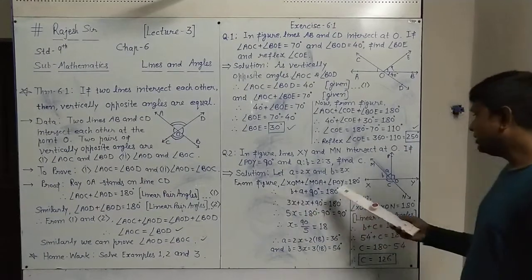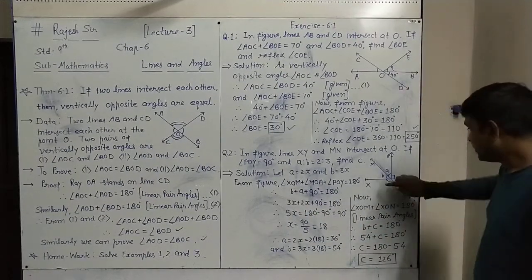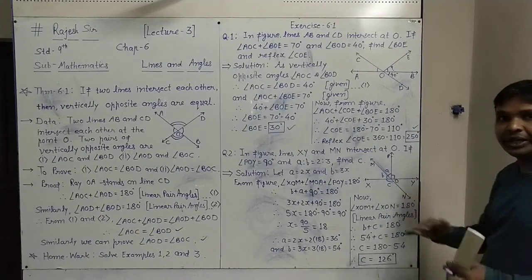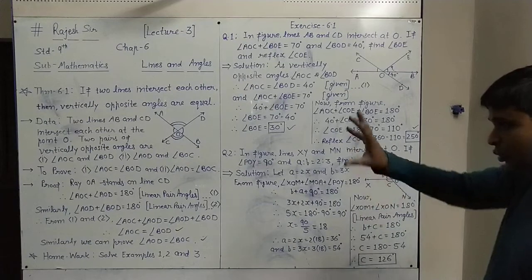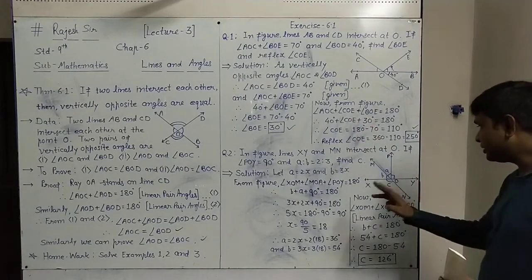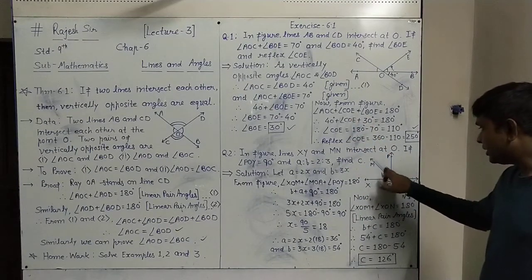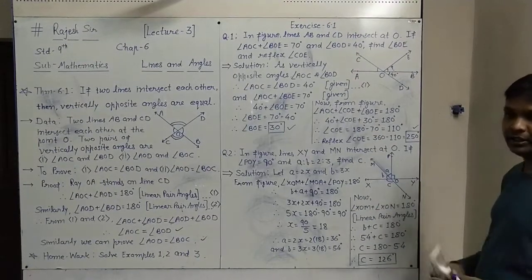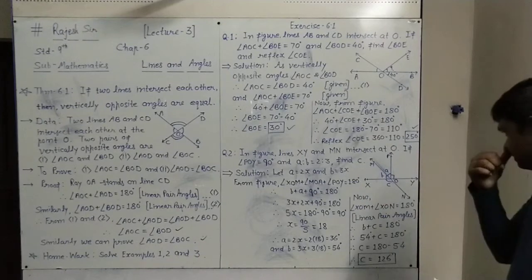From the figure again, here, angle XOY, the half circle making a straight angle XOY, is divided into 3 angles, this angle and this angle, right? 1, 2, 3 angles divided in the straight angle XOY.